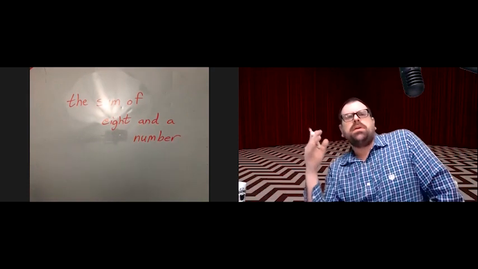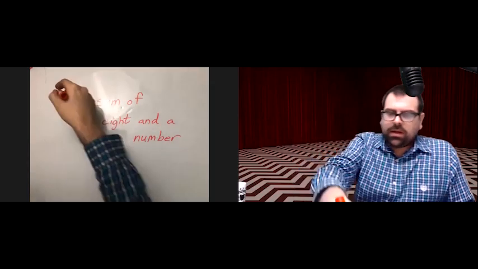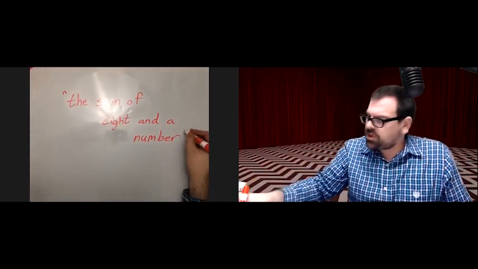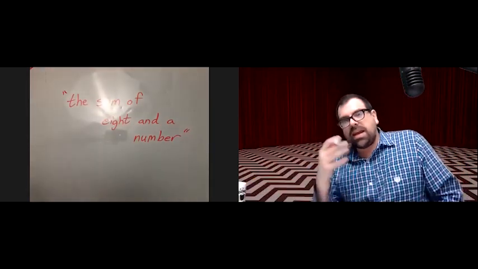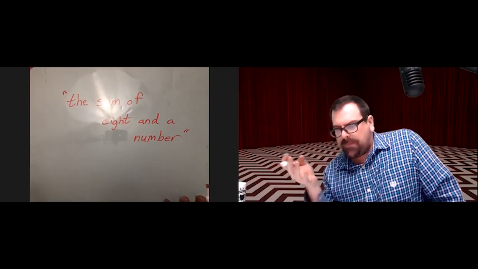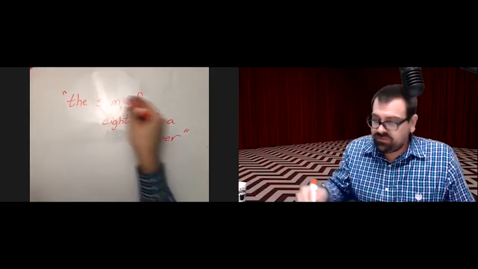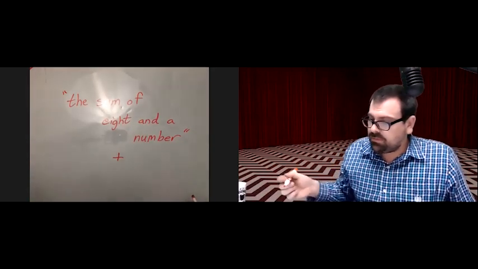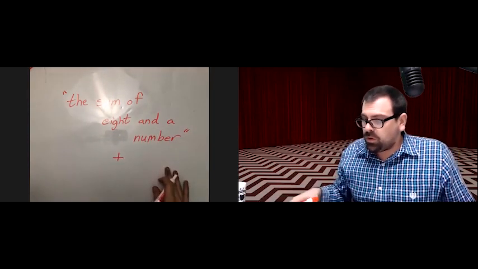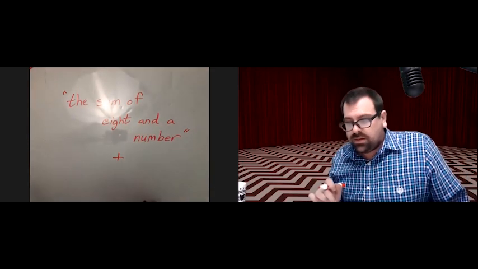The sum of 8 and a number. An expression like this can be converted to a mathematical expression. Direct translation, I had said the sum of indicates an addition problem, and that the order would come from around the word and.